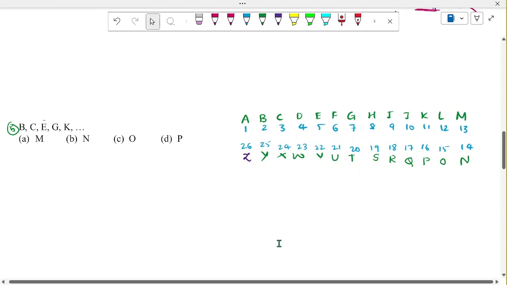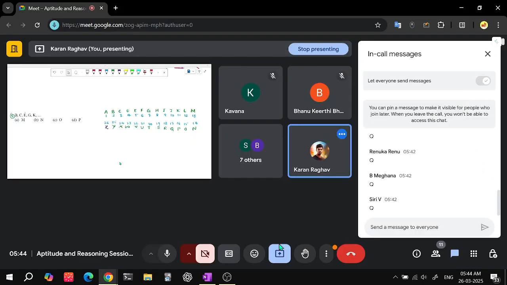Okay, see the fifth question. Question number 5. Okay, Bhanu says it is 7, P, and then any others?